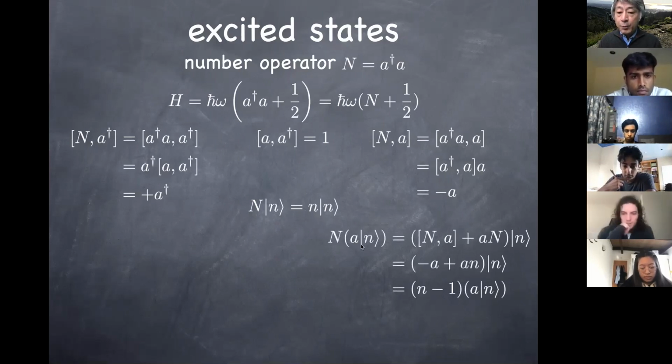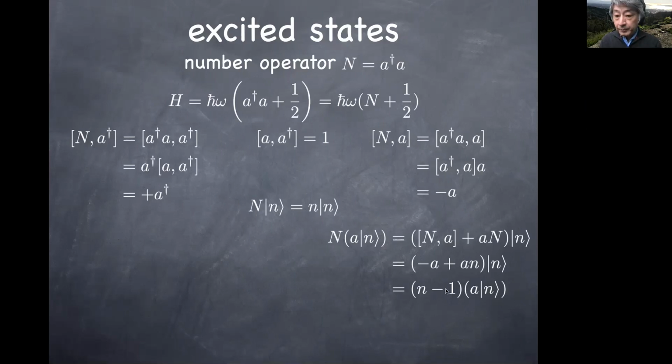And then when you actually look at the state A acting on this n ket, you can show that the eigenvalue of N operator decreases by 1. So the point is that when you act this number operator N on this state A|n>, I have NA now acting on this ket n, and I can rewrite N times A as NA minus AN plus AN.